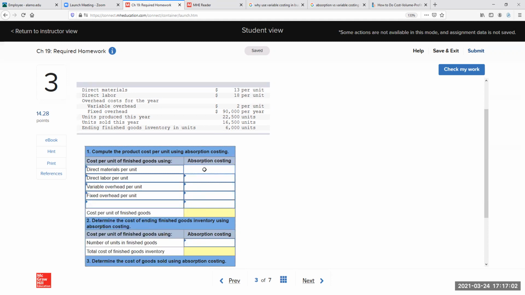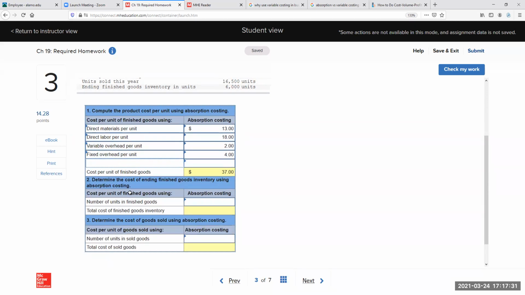So let's see what we're going to do. 13, and here we're going to do 18, and the variable overhead is 2. Well, what about the fixed? It's 90,000 divided by 22.5, which is how many units you produced. So I'm going to say $4, and that's the cost per unit, 37.